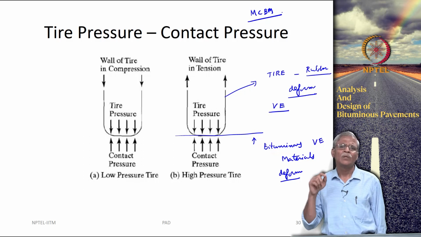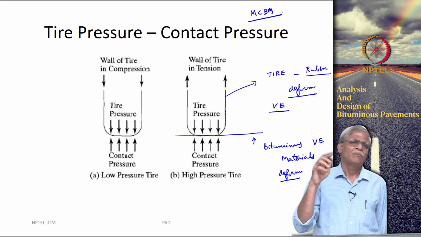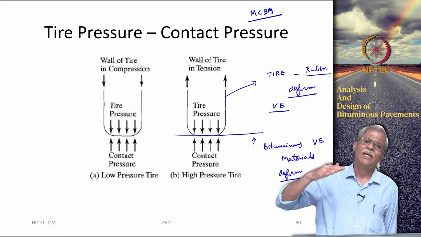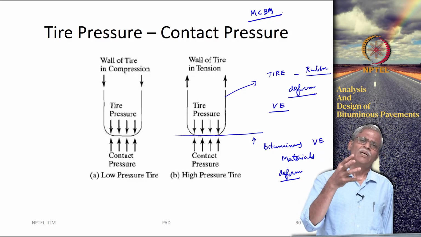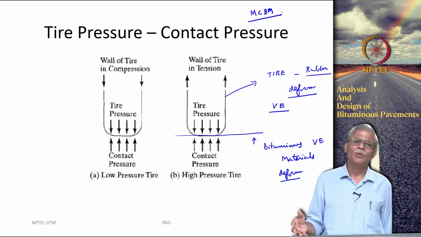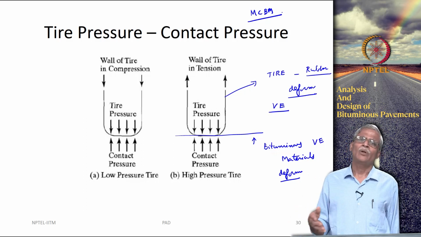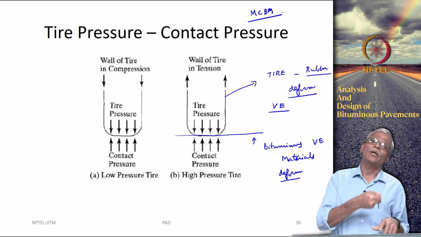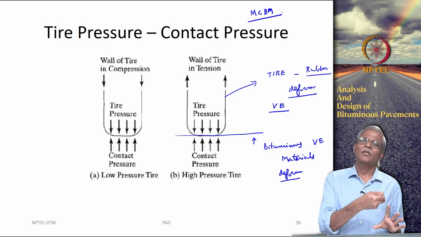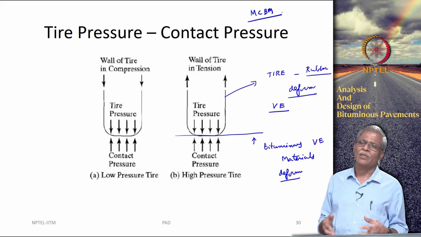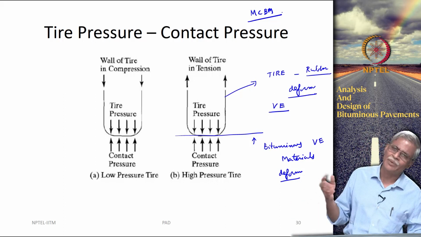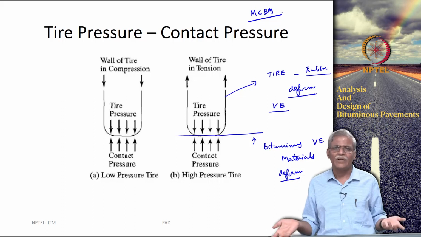Now, if I say, oh, it is actually very simple, whatever is the tire pressure, you know, you go to the petrol bunk, you fill up petrol, and once in a while you also check your air and fill it up to 32 psi or 30 psi or 40 psi or 50 psi depending on the vehicle that you drive.